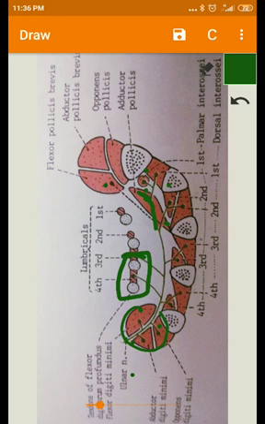So this is about the supply of the deep branch of the ulnar nerve in the palm. This is the supply and course of the deep branch of the ulnar nerve. Now we'll see the applied anatomy in the next video.